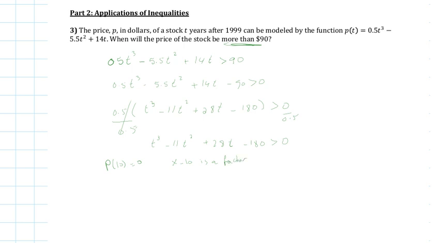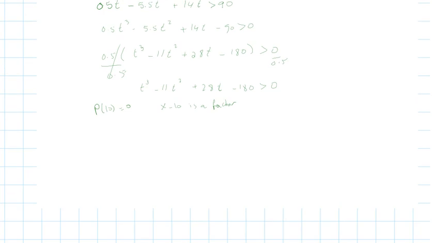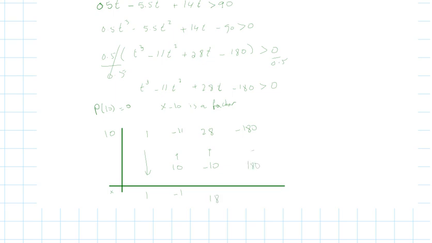Let's do synthetic division. I have 1, negative 11, 28, and negative 180, and I have 10. Then 10, negative 10, 180, and 180. So the remainder is 0.